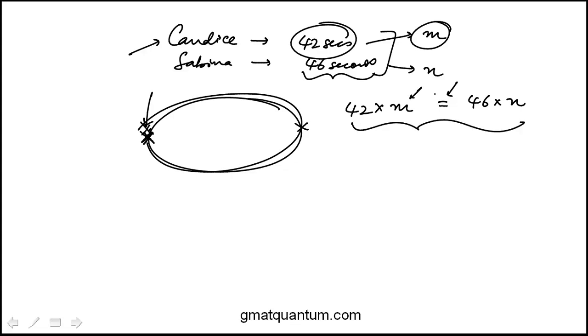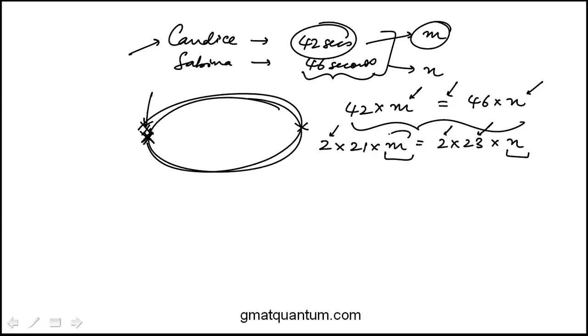So here, m and n are integers. If you think about it, 42 is 2 times 21, and 46 is 2 times 23. We're looking for integer values of m and n, the smallest possible that would satisfy this condition. And you'll see 23 is prime, and 2 I've already taken out.